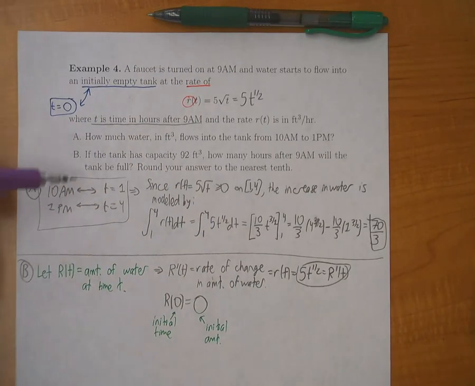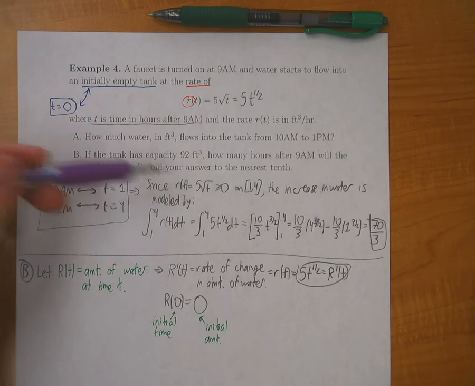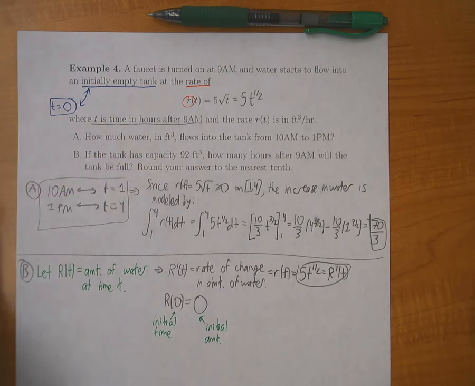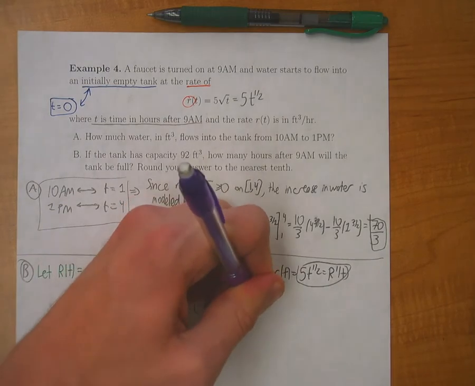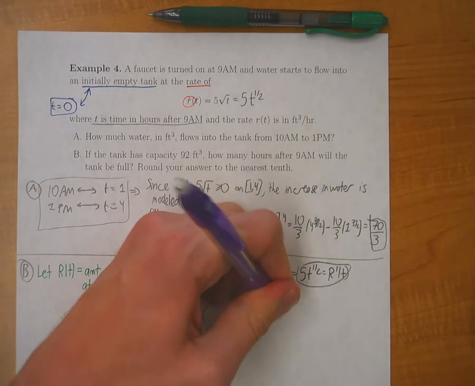So here's what this says. Part B is asking, if the tank has capacity 92, then we have to figure out how many hours after 9 a.m. the tank will be full. So we have to figure out some time t naught.